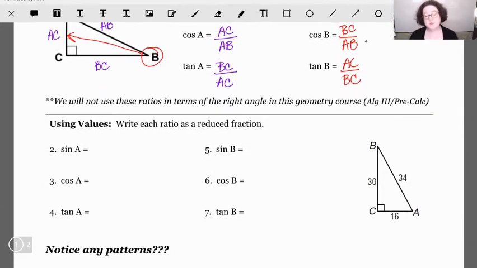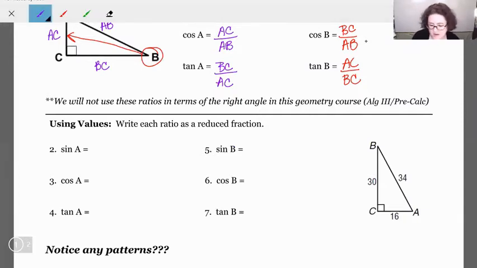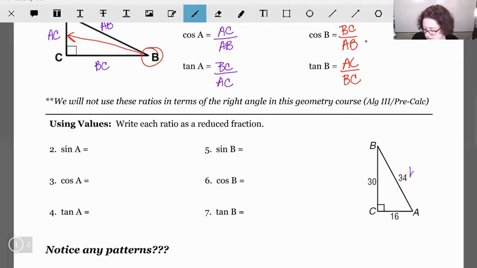So we're going to do the same thing, but now our triangle ABC has some sides. So side AC is 16, side BC is 30, and side AB is 34. And again, my 34, that's my hypotenuse, so it's not a bad thing to go ahead and mark that down. No matter what, that's going to be the hypotenuse no matter what ratio I'm writing.